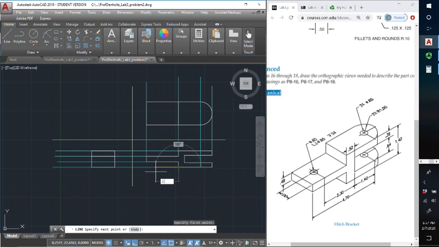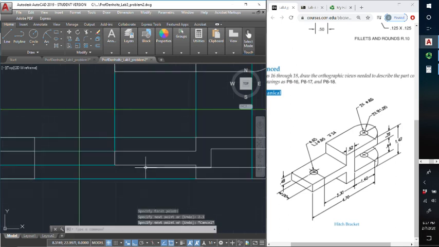So I want 2.3. Oh, I'm sorry, it's from the back corner, so I measured that from the wrong spot. So it would be from over here. We want a line that's 2.3 in length. And so this kind of shows us where the center of this hole is.